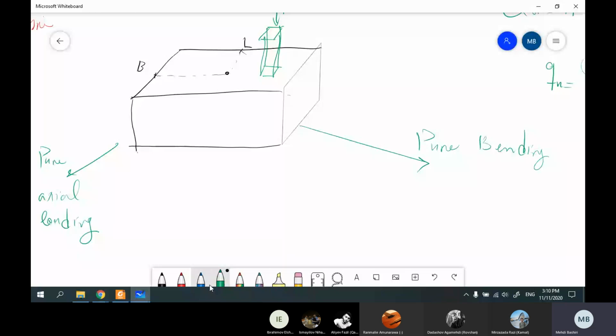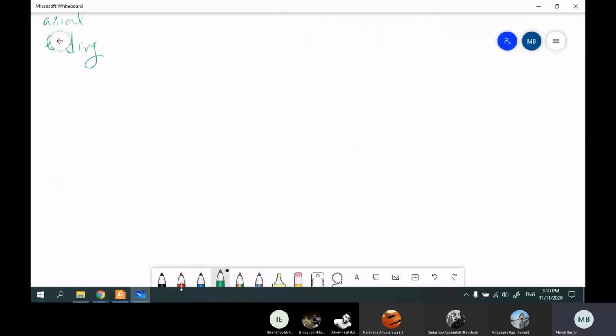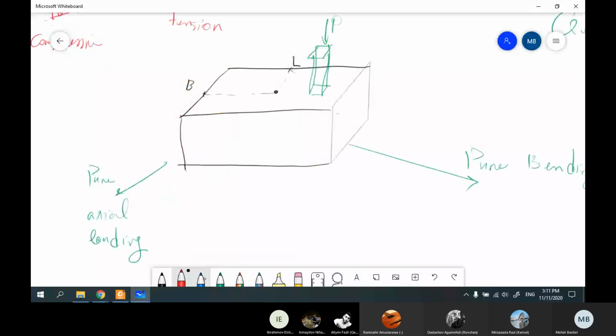Okay, how? This is, for example, E, this is P, and this is O, the origin or the center. This is E. E stands for eccentricity.